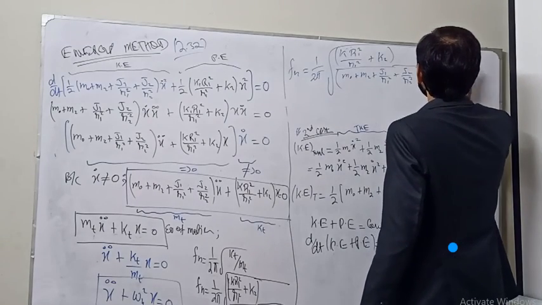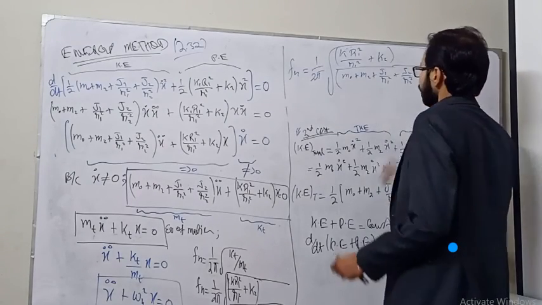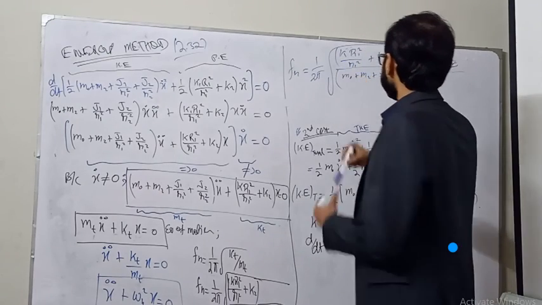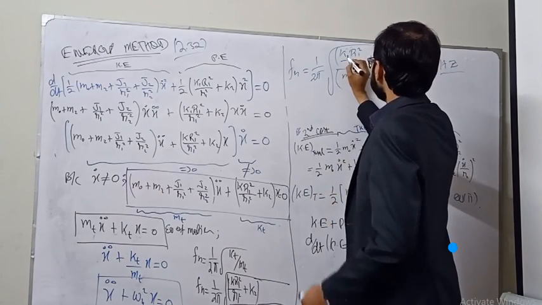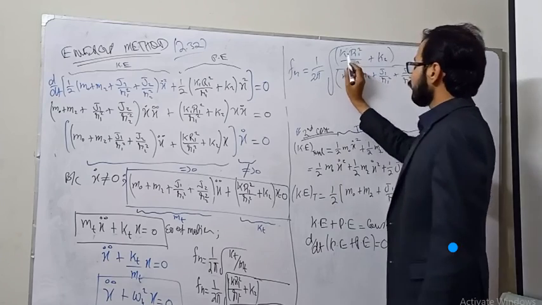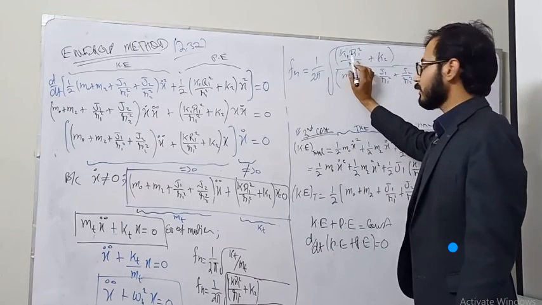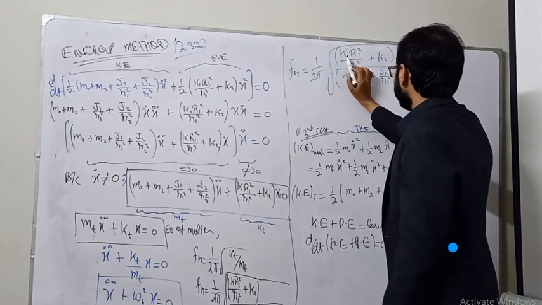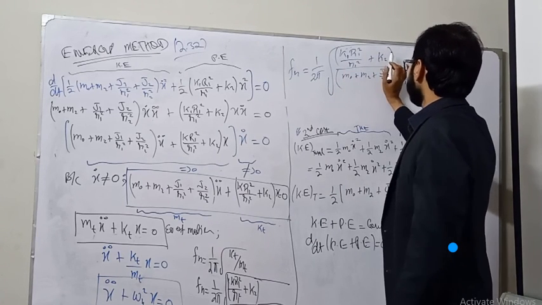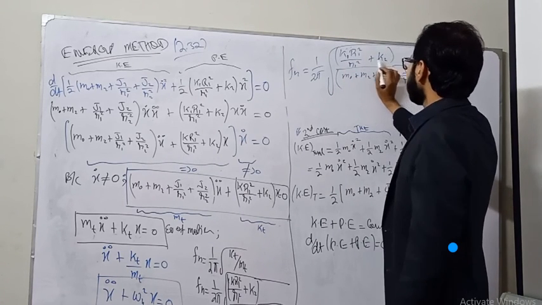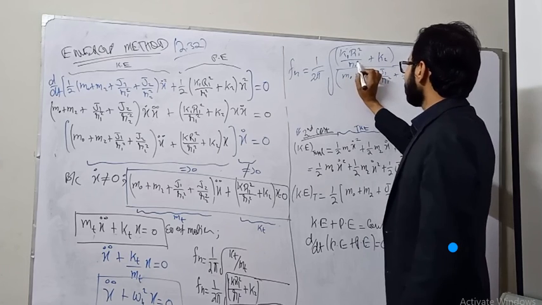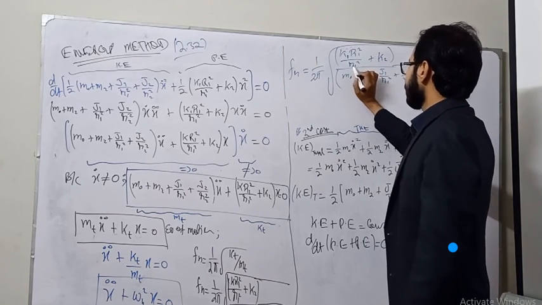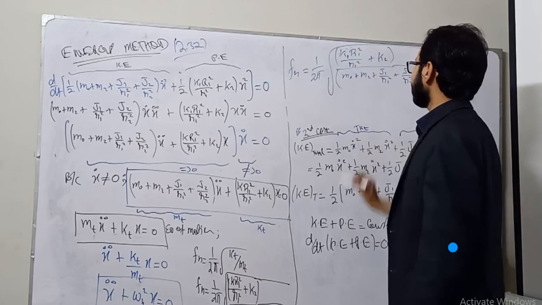So what we have concluded till now is that the natural frequency of that complex system depends upon the stiffness of both springs. For example, the value of k1 and the value of k2 we can get from the numerical data that may be given in a numerical problem. We can find the radii of the smaller and larger disks, small r1 and capital R1, from the numerical data as well.